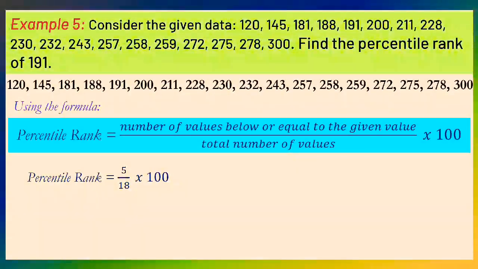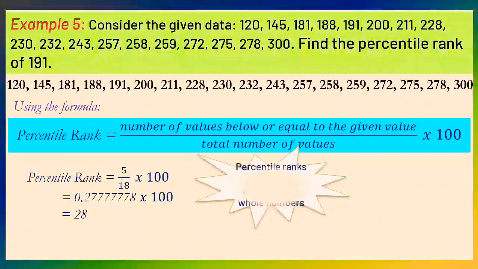So that is 120, 145, 181, 188, and also 191, all over the total number of values, which is 18, times 100, which results to 0.2777778 times 100, okay, that is equal to 28.